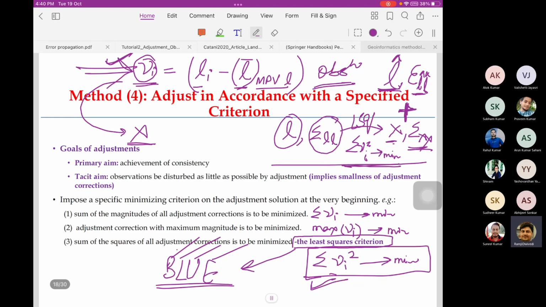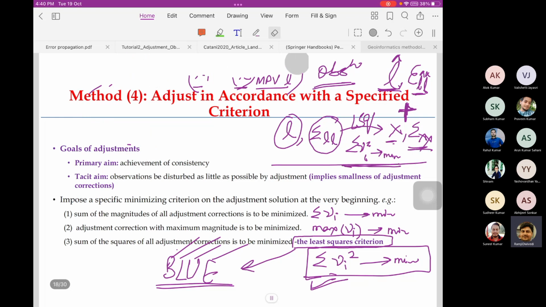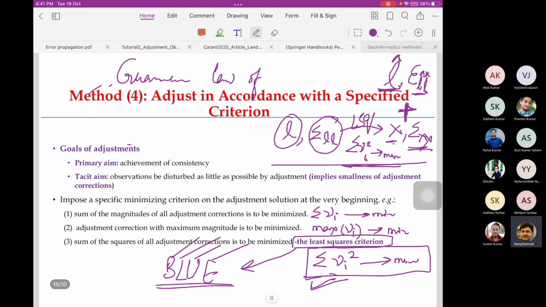Although many of you could solve it, I'm just giving you a hint of where it will come from. It will come from the Gaussian law of accidental errors.